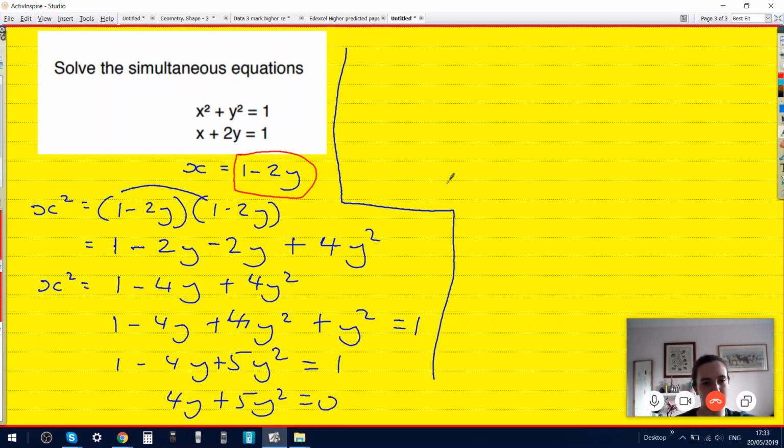Oh, factorize. Yep. Y and 5y. So y and what's in the bracket? 4 plus 5y. Yeah.